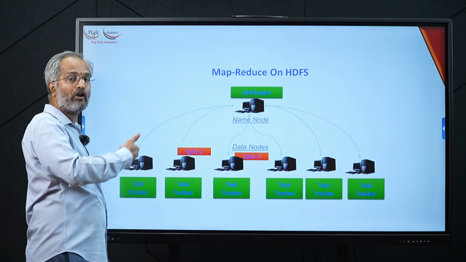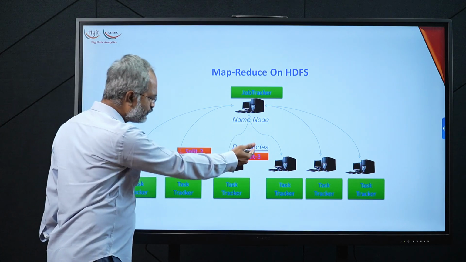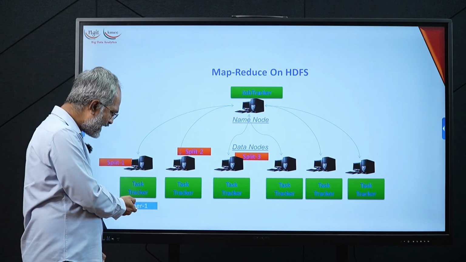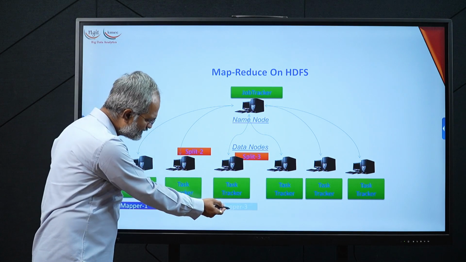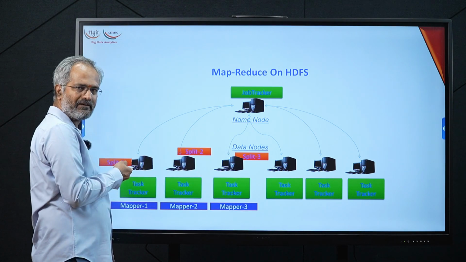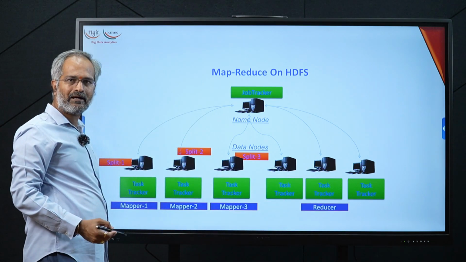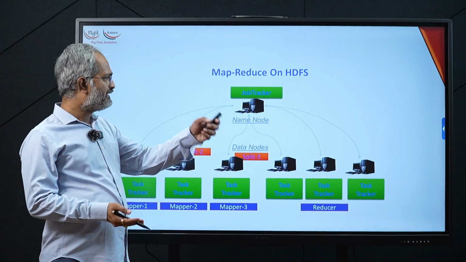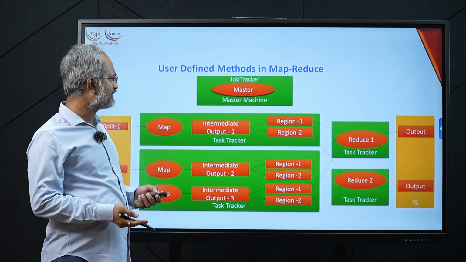So that is a split, that is a logical size. So split 1, split 2, split 3, these are placed here. Because of that reason, mapper 1 can be placed here, mapper 2 can be placed here, mapper 3 can be placed here, so that these 3 splits can be executed, and the reducers can be placed on some other machines. So this is the combining of MapReduce and the HDFS clusters.